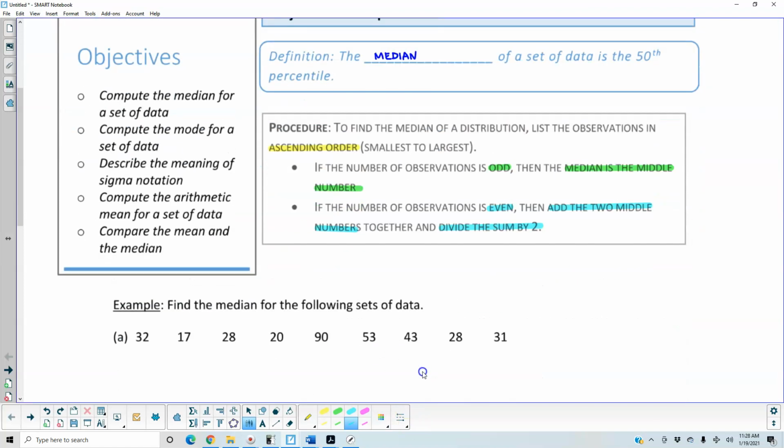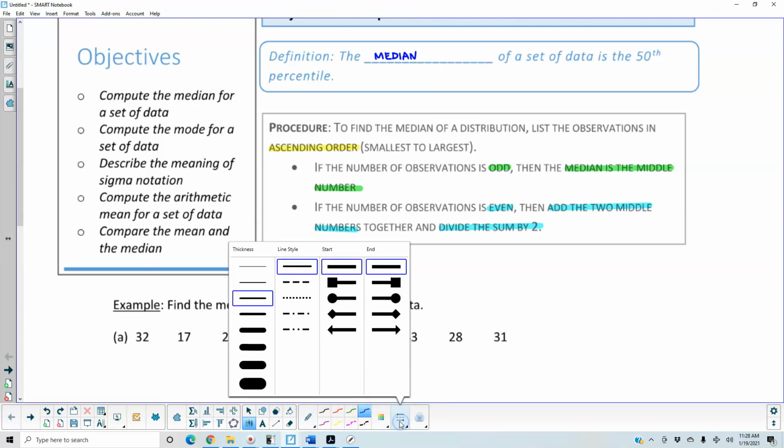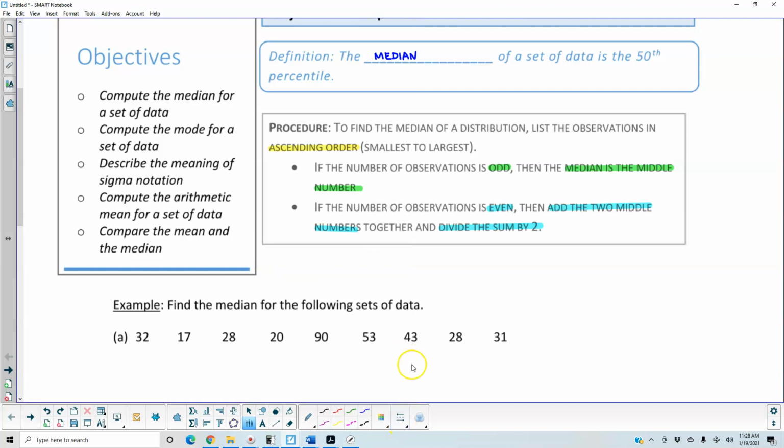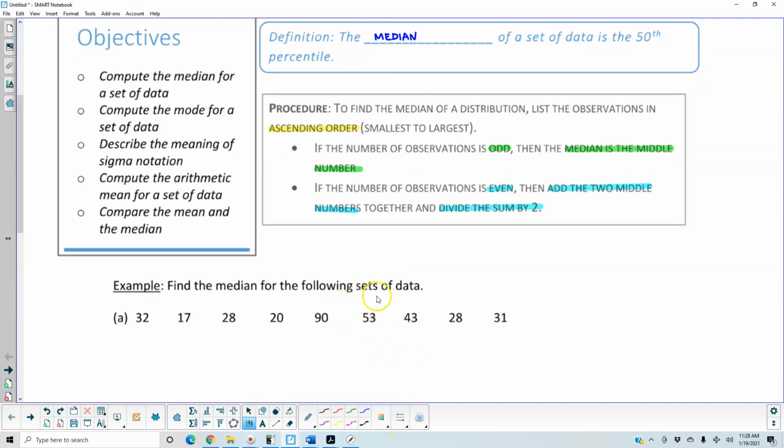So, let's take a look at the first example here. The first example tells us that we want to find the median for the following sets of data. The first thing we need to do is put this in ascending order from smallest to largest.